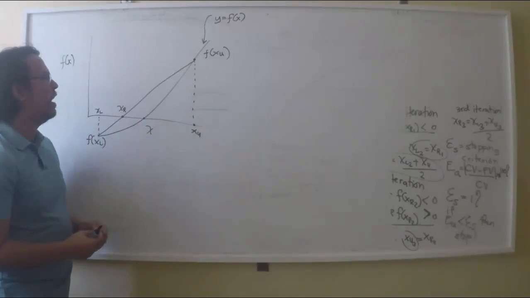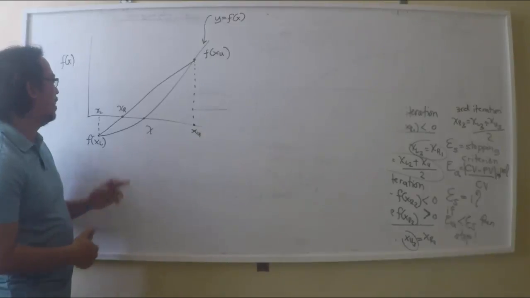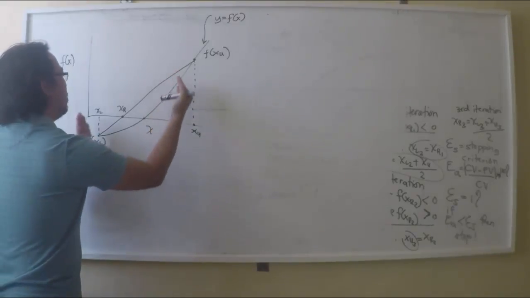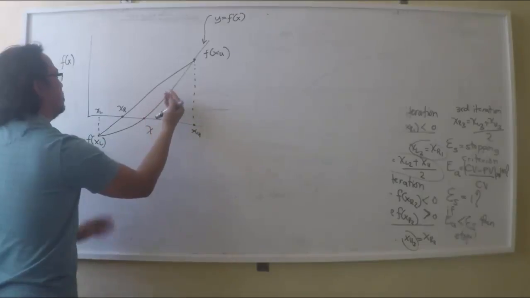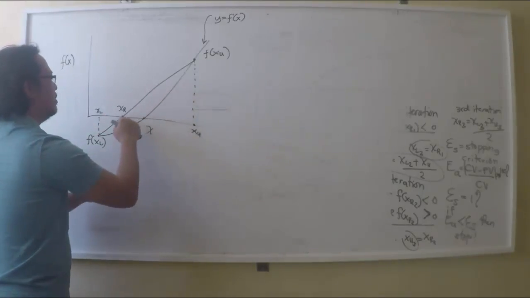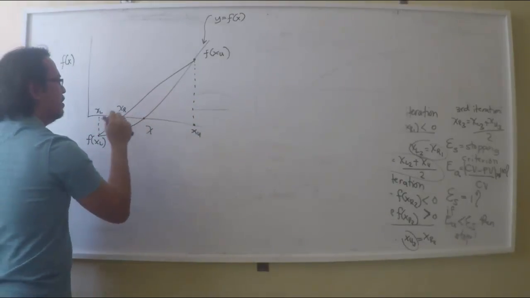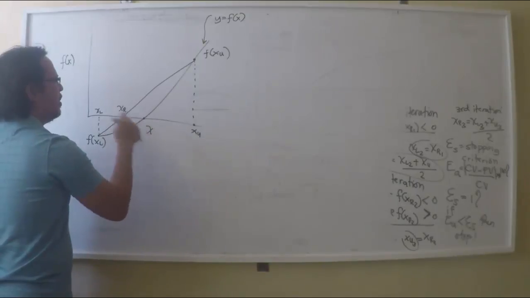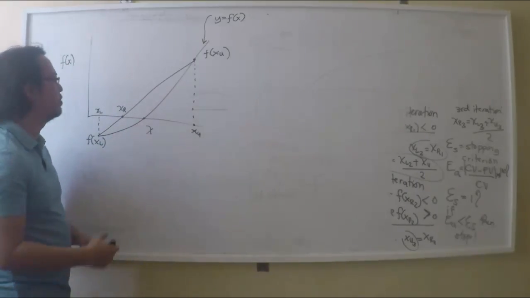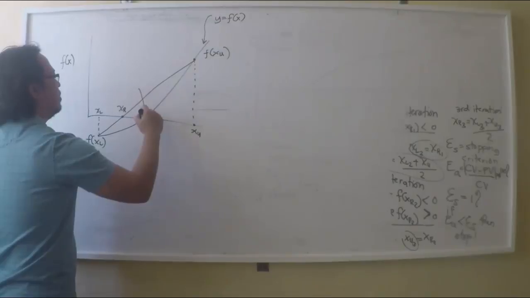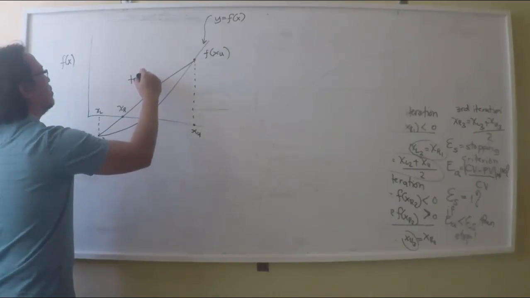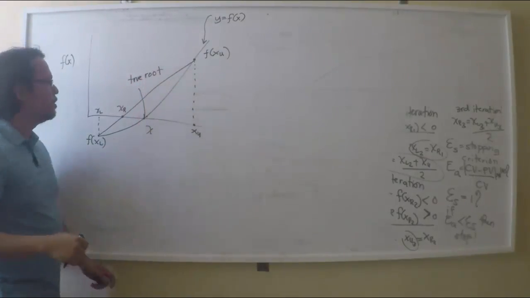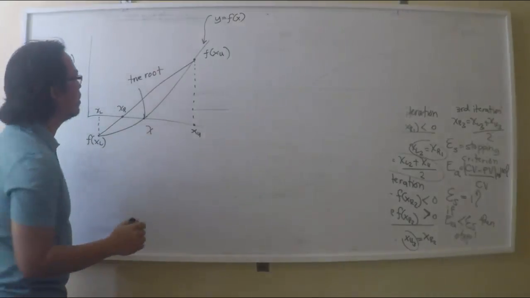But as this one maybe somewhere here decreases, then probably the xr will be very near, closer to the true root. Remember, this is the true root. Okay, so how does it do that?